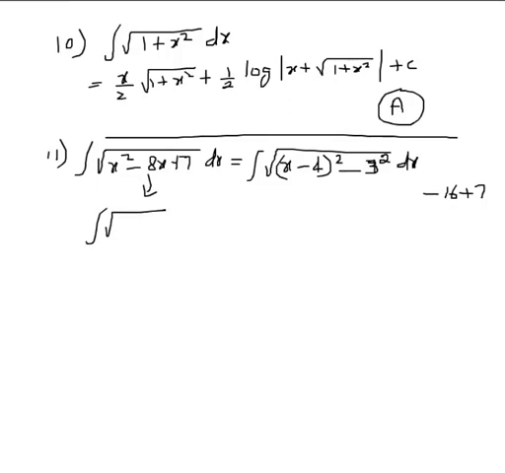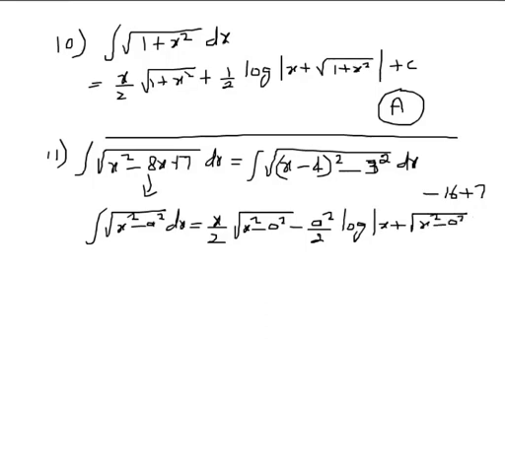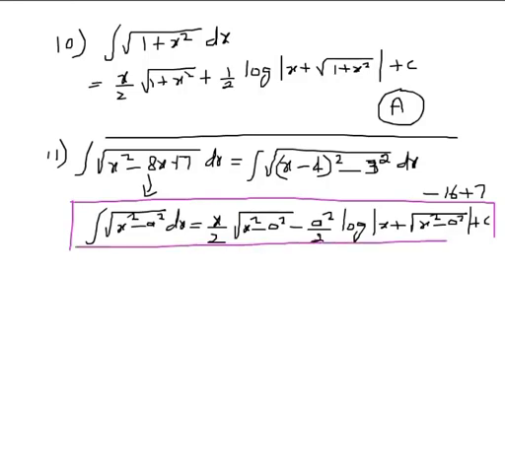And use the formula integral of root of x square minus a square, which is x by 2 root of x square minus a square minus a square by 2 log of absolute value of x plus root of x square minus a square plus c. Don't forget to write plus c for indefinite integral questions.